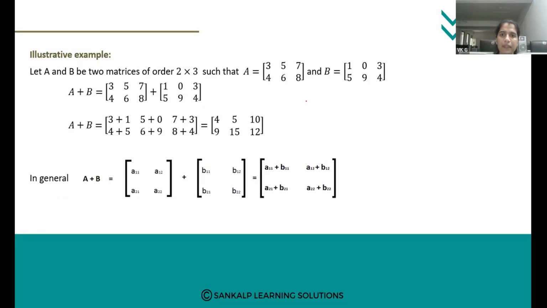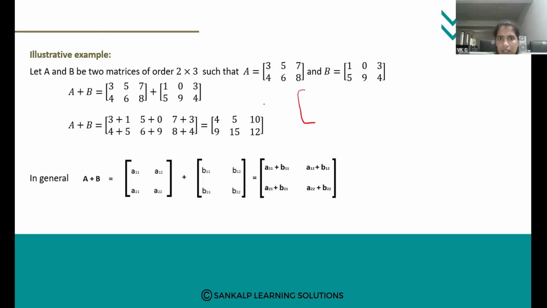ನೋಡಿ, ಒಂದು ಎಕ್ಸಾಂಪಲ್ ತಗೊಳ್ಳುವ. A is 3 5 7 4 6 8. B is 1 0 3 5 9 4. Add them. Add the corresponding entries.